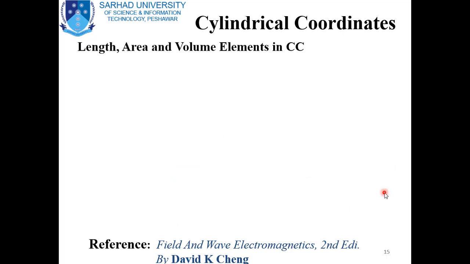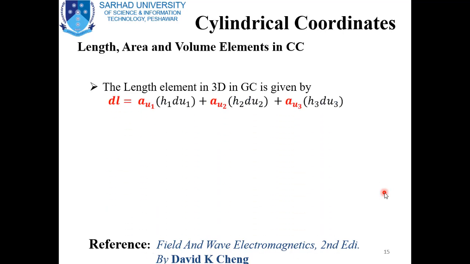Now the length, area and volume elements in cylindrical coordinates. Length in three dimensions in generalized coordinates is given by dl equal to a_u1 h1 du1 plus a_u2 h2 du2 plus a_u3 h3 du3.